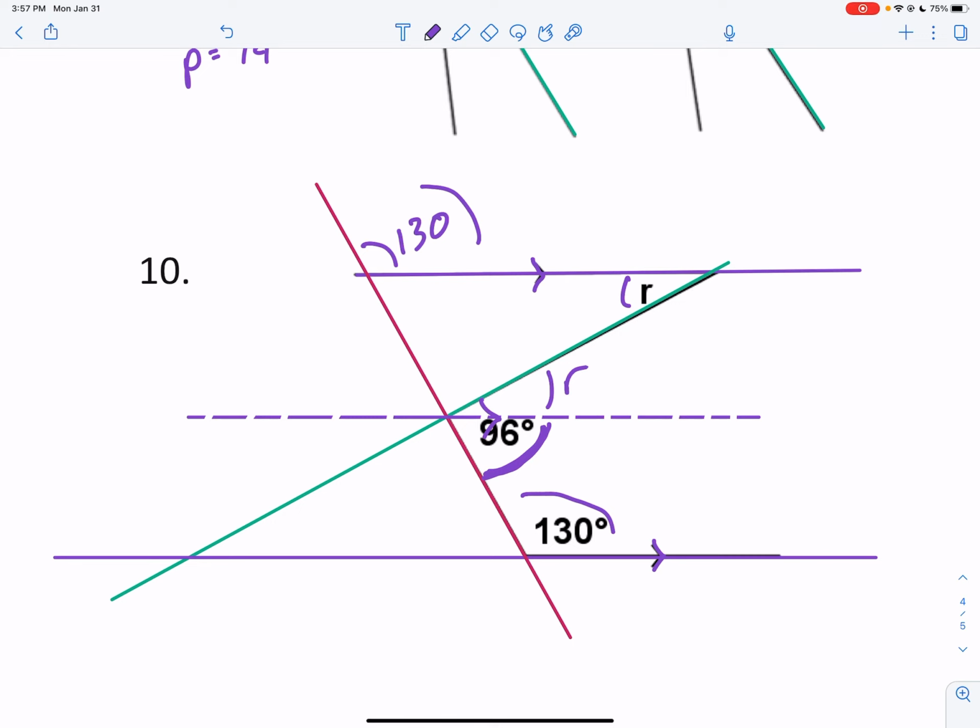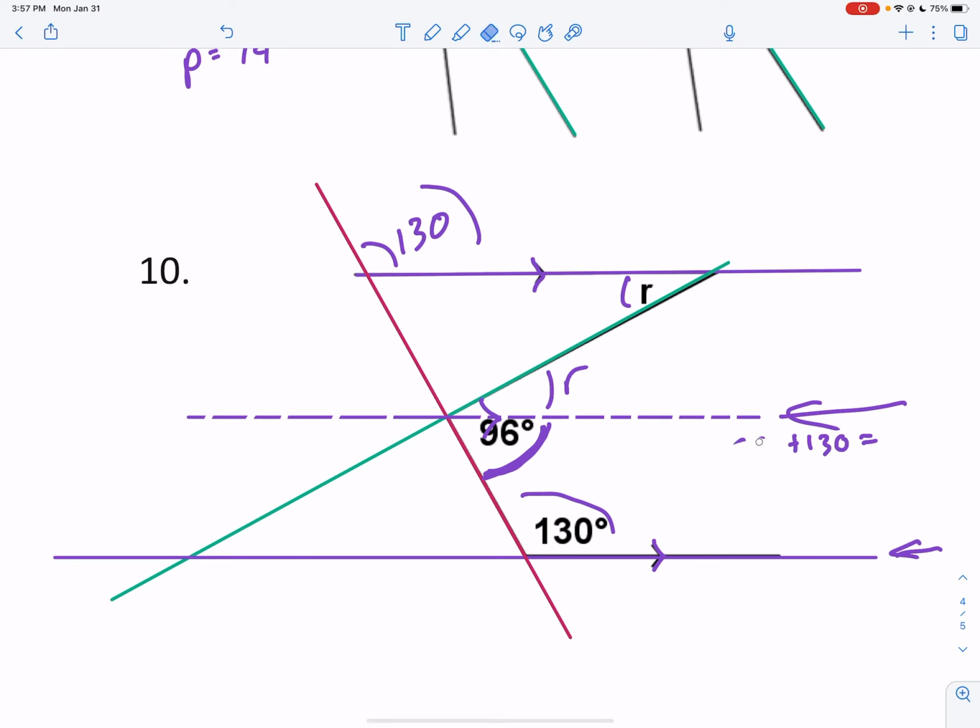So right here, remembering that same side interior angles, looking at this dotted line right here and this solid line right here, are both of these added together, and they're supplementary, so they add together to be 180. Not 96, I'm sorry.